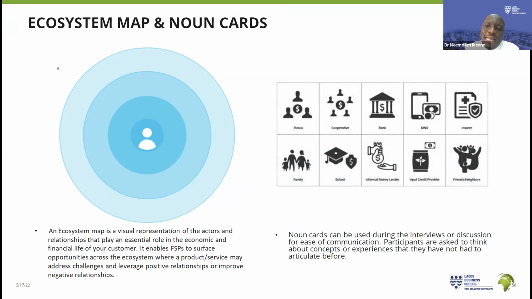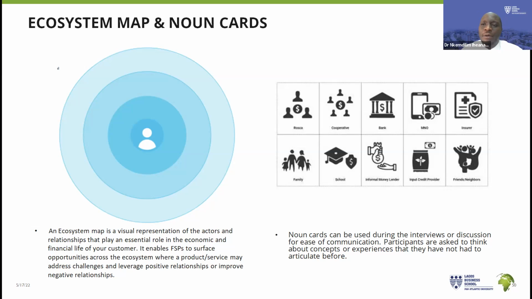What you use the noun cards to do during interviews is to map and define how close each of these ecosystem members are to the core of the target customer for whom you are designing. How close or how far are they?